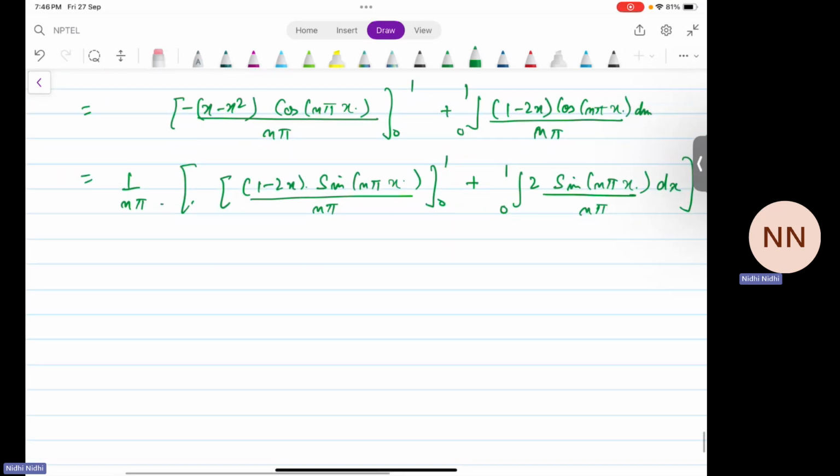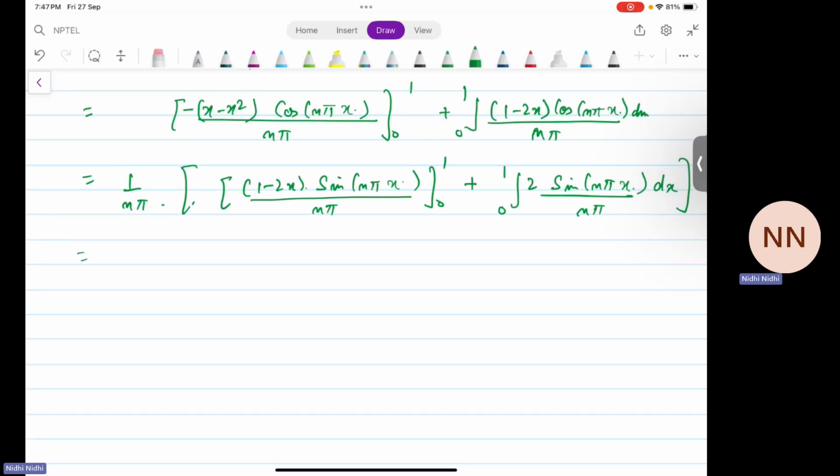Now since sin n pi is 0 for every integer n, the first term will again vanish out. We will be left with 2 by n square pi square times integration of sine is minus cos. So minus cos n pi x by n pi from 0 to 1.